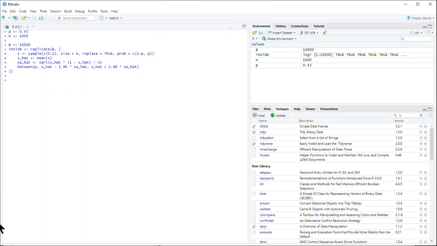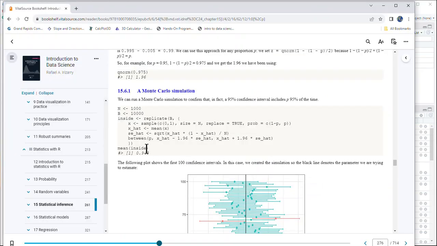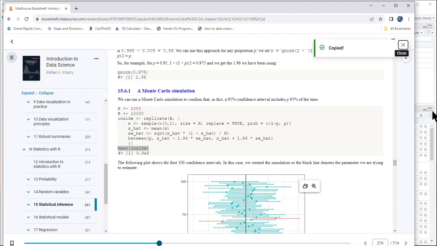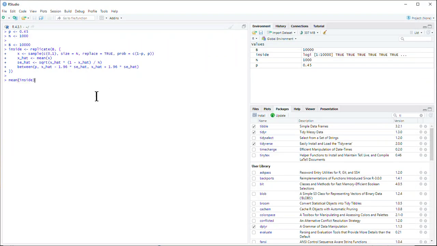Okay, so then what our author does is says, hey, look, let's take a look at the mean of the inside. So this is our theoretical mean of the inside. So I'm going to load that too, and I get this result of 0.9494. So that's not exactly a 95% confidence interval, but theoretically that's a 95% confidence interval.